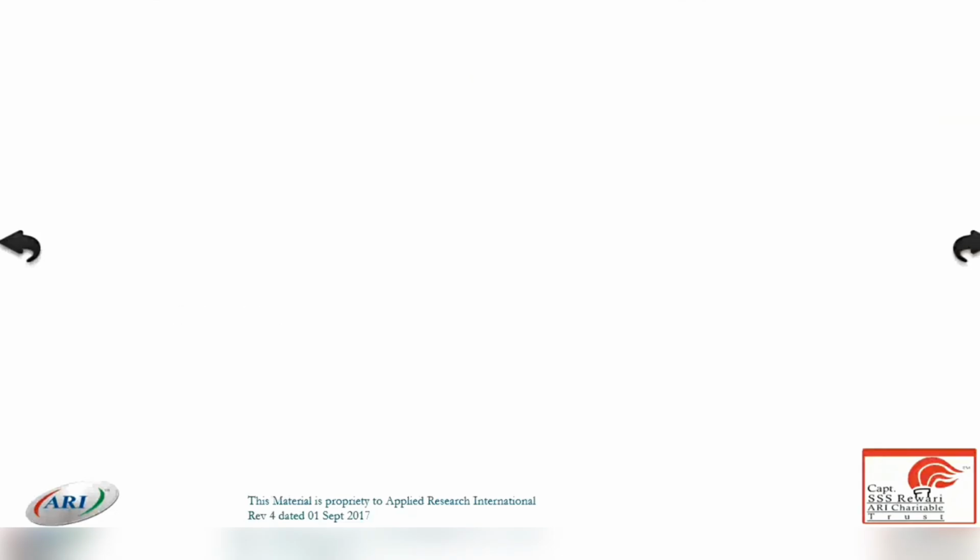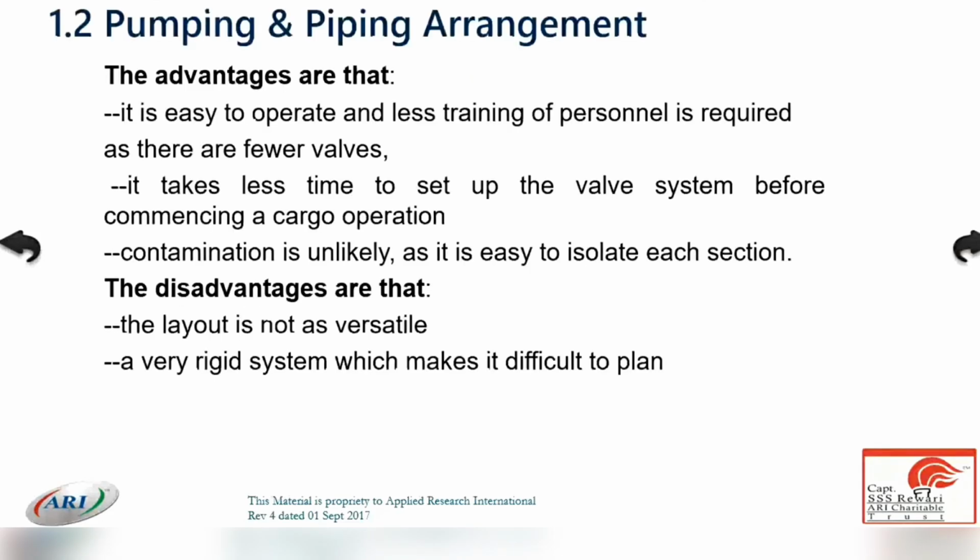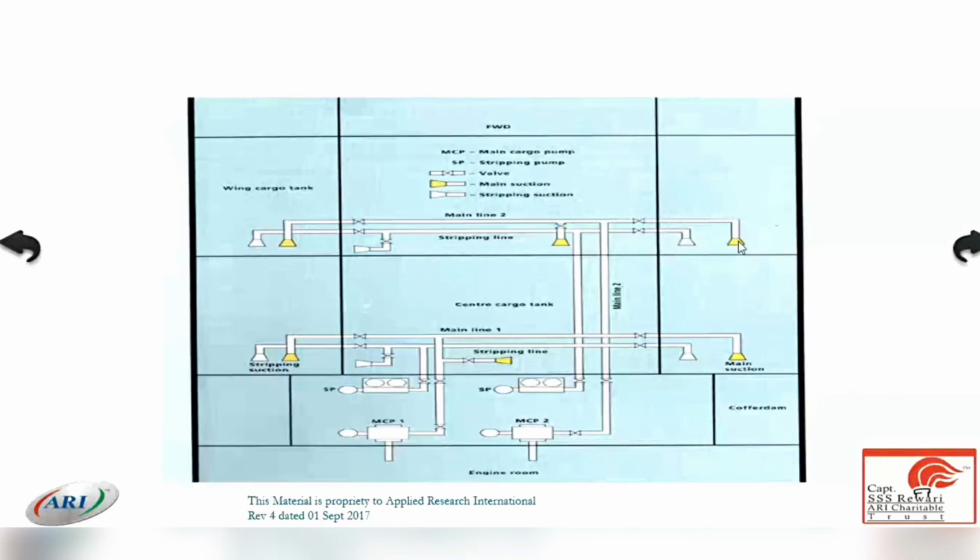Other than that, you have the stripping system. If you look at this diagram, the yellow color is a main suction which is connected to the main cargo pump. MCP stands for main cargo pump. And the white color, they are small diameter lines, which are the stripping lines, stripping suction connected to the stripping pump.